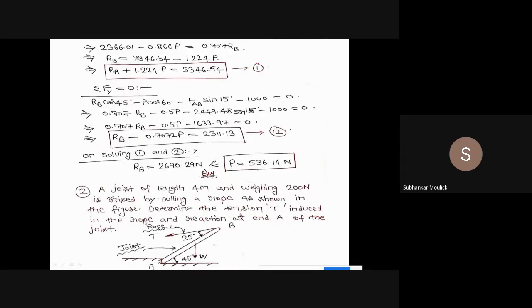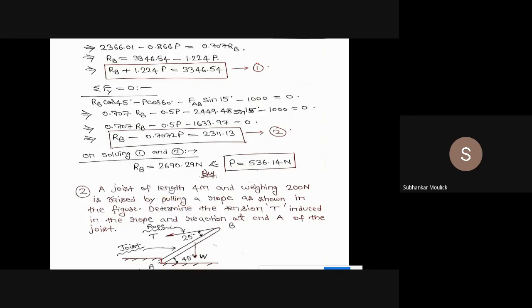So from point P, this is the tension T which is acting on the rope, and from point A you have to give a reaction to this joist. So can you give reaction to this joist A in this manner?